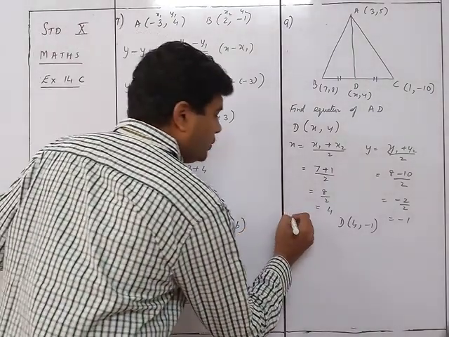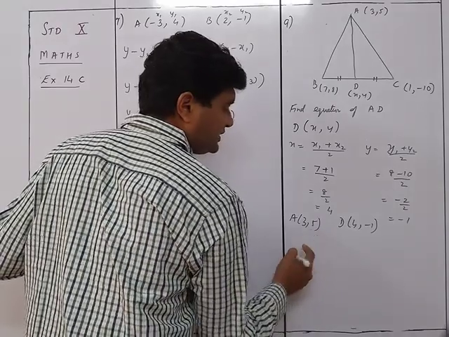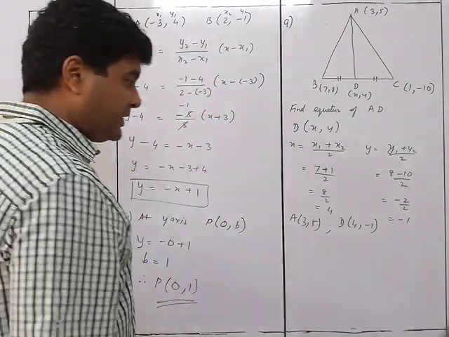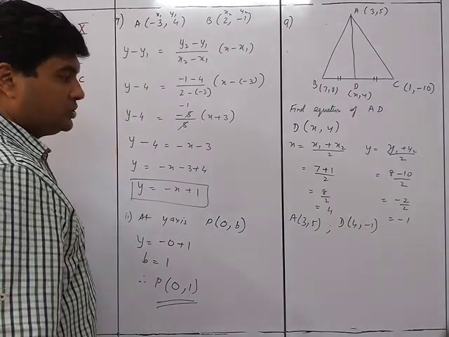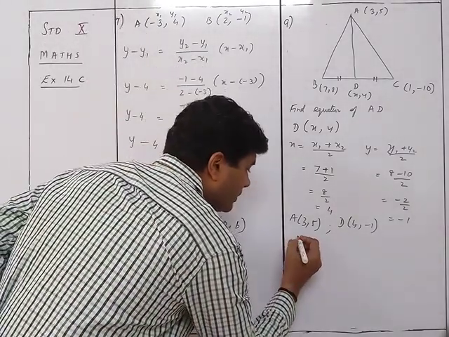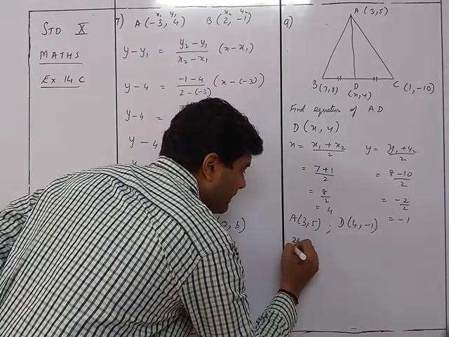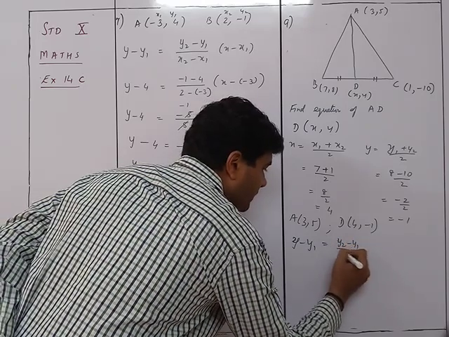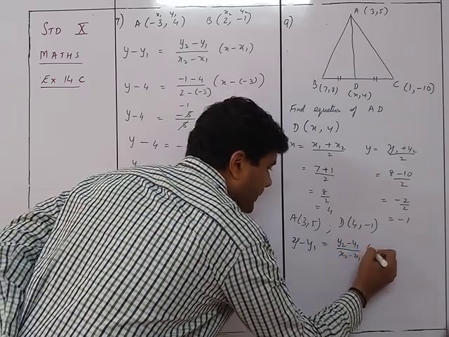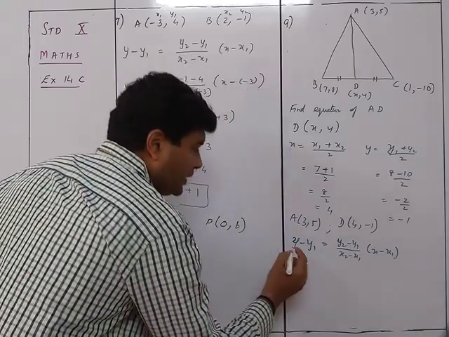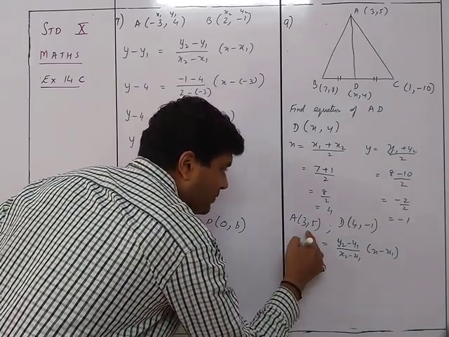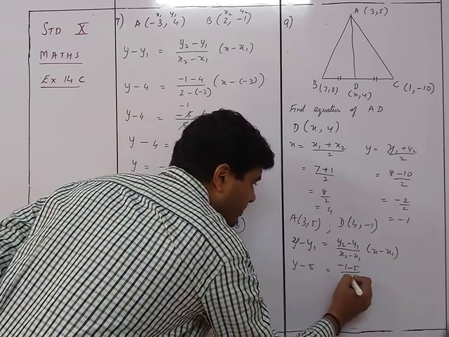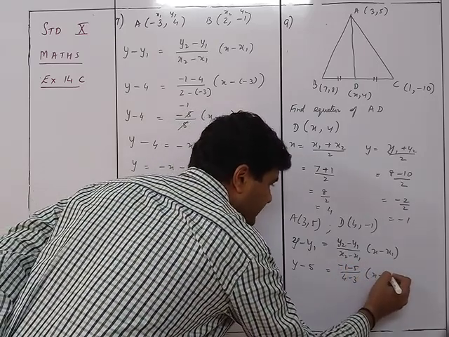And A is already known to you as (3, 5). So this is now my two-point method. I'll be using the two-point method to get the equation now. So that will be y minus y1 is equal to (y2 minus y1) upon (x2 minus x1) into (x minus x1). Y minus 5 is equal to (-1 minus 5) upon (4 minus 3) into (x minus 3).